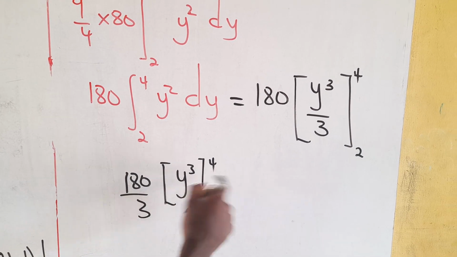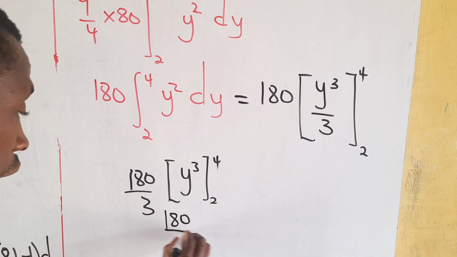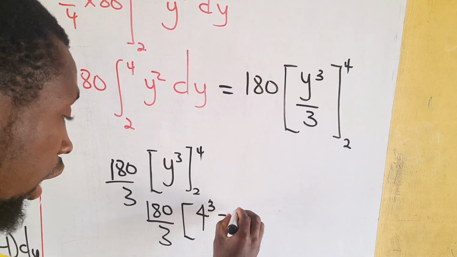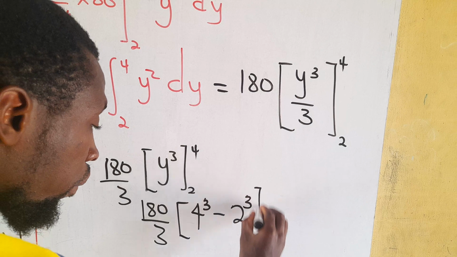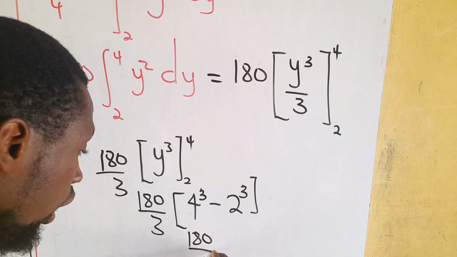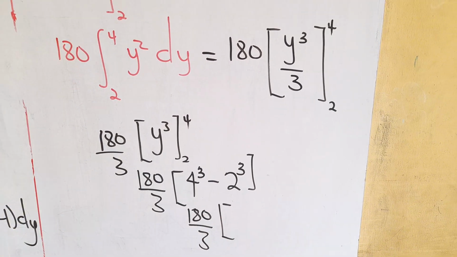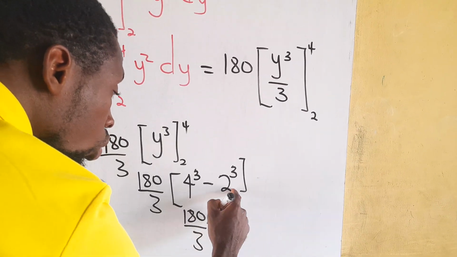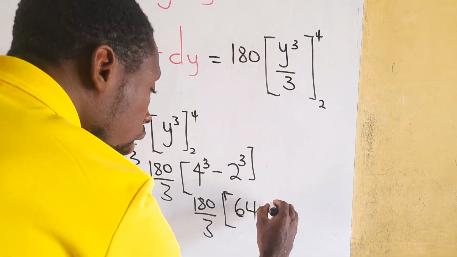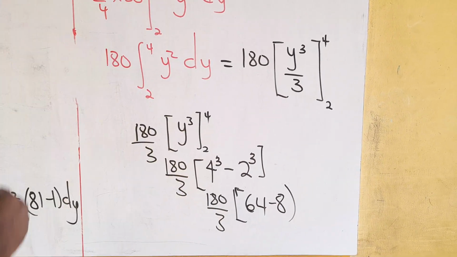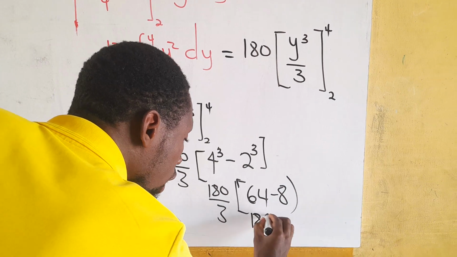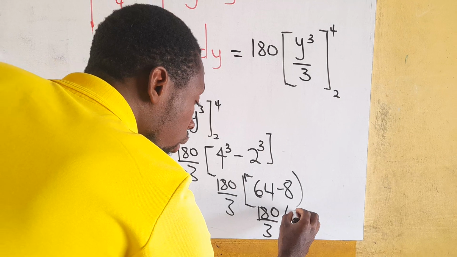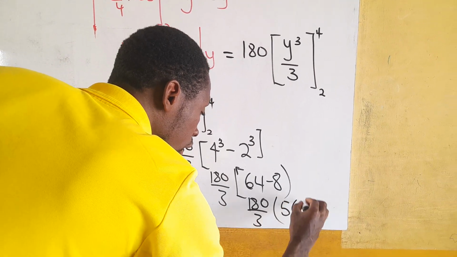So we substitute 4 minus substitute 2. So we have 180 over 3 bracket 4 exponent 3 minus 2 exponent 3. 4 exponent 3 will be 64. 2 exponent 3 will be 8. Then I have 180 over 3 of 64 minus 8. That will be 56.